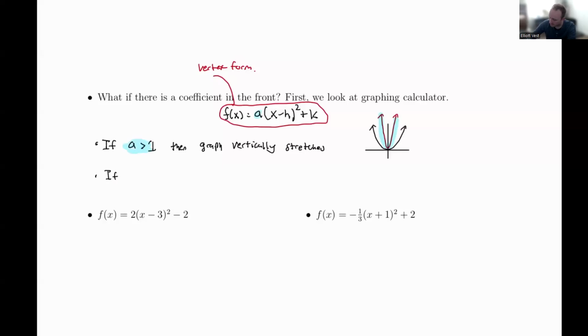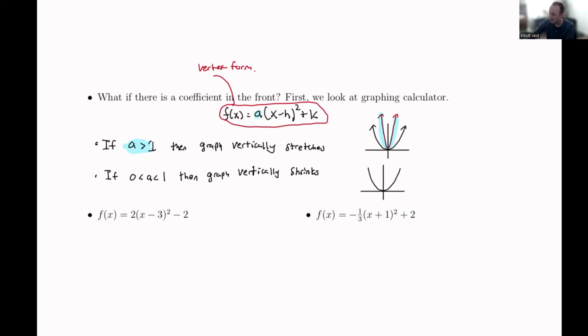Well, what about the other way? If a is between 0 and 1, then the graph vertically shrinks. We call it vertical stretches and shrinks, but really I'm more worried about how you know it's supposed to look.